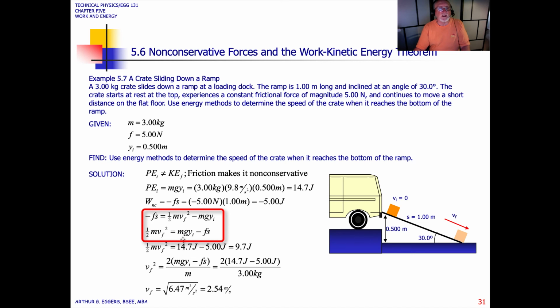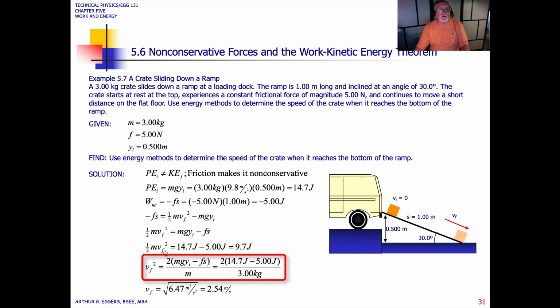We've already calculated mgy as 14.7, and we've already calculated F times s as 5 joules. When we subtract one from the other, we get 9.7 joules, which is going to be the kinetic energy at the bottom, from which we can extract our final velocity.